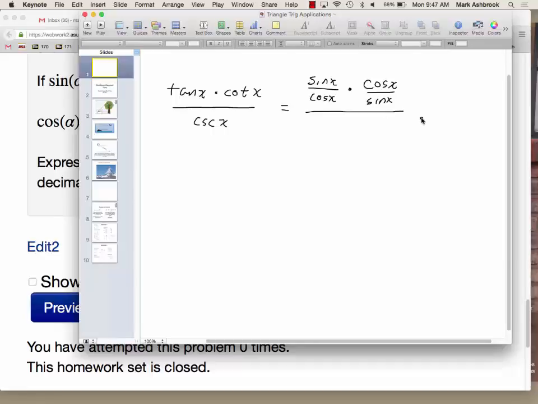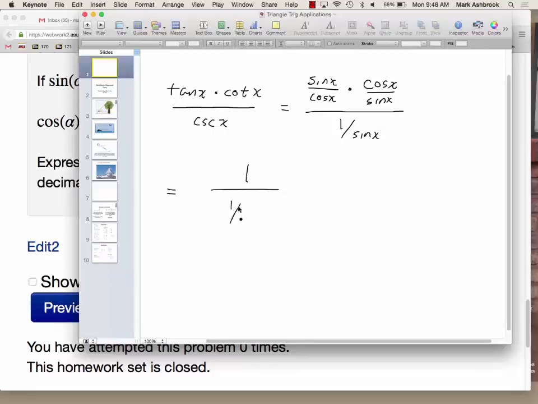And then what was 1 over cosecant? 1 over sine x. That was another one we just introduced. We said cosecant is by definition 1 over the sine. So an important technique when working with these identities is to change everything into sine and cosine. What does our numerator become? We've got sine over cosine times cosine over sine. That's just 1.